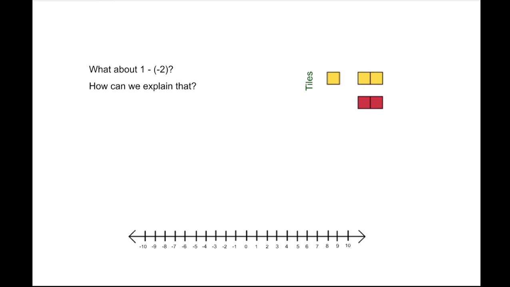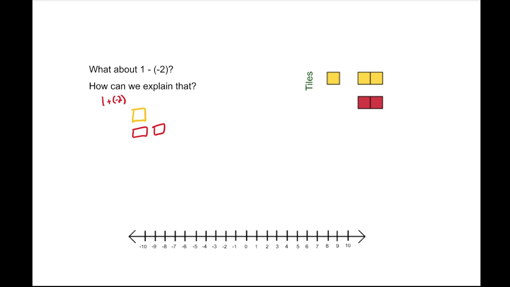Right, so if we have 1 minus negative 2, again, if we're going to use our tiles, we have our positive 1, and we want to subtract negative 2. So if we were to add negative 2, so that's just an example, 1 plus negative 2, that one would be easy because we would just draw something like that. We would have 2 that cancel out, and we're left with a negative 1.